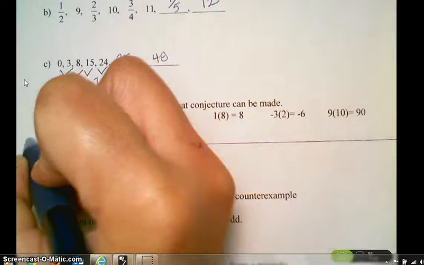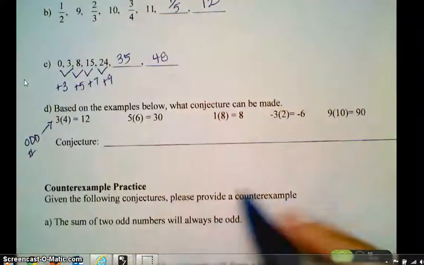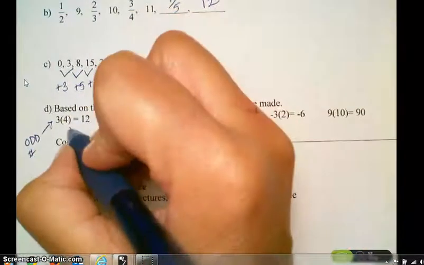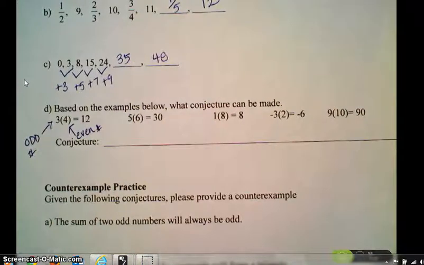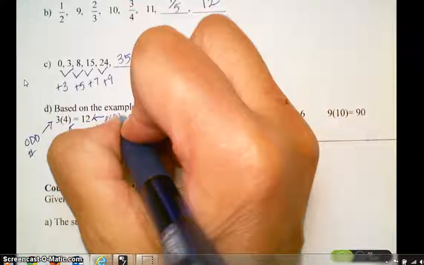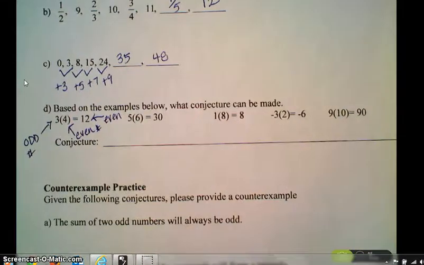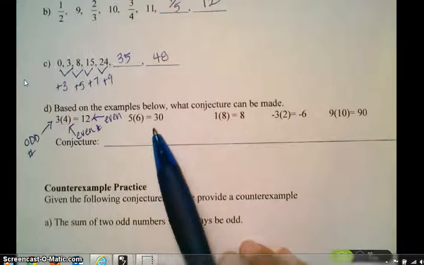So when I look at this, I see an odd number being multiplied by an even number, resulting in an answer that is even. And if I take a look at the next product, I see the same thing happening.